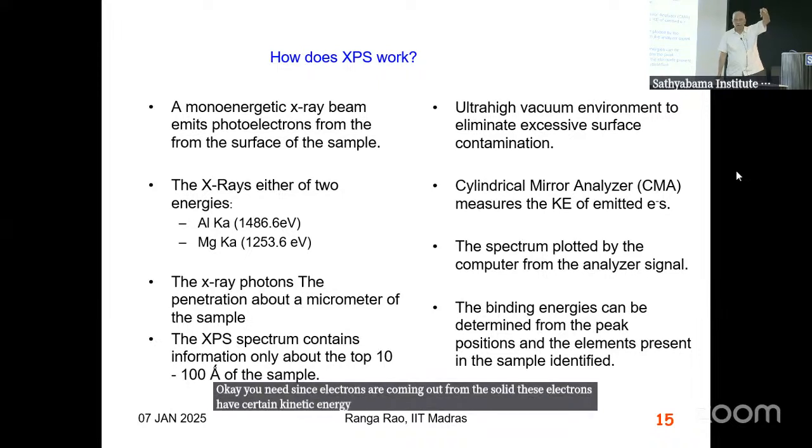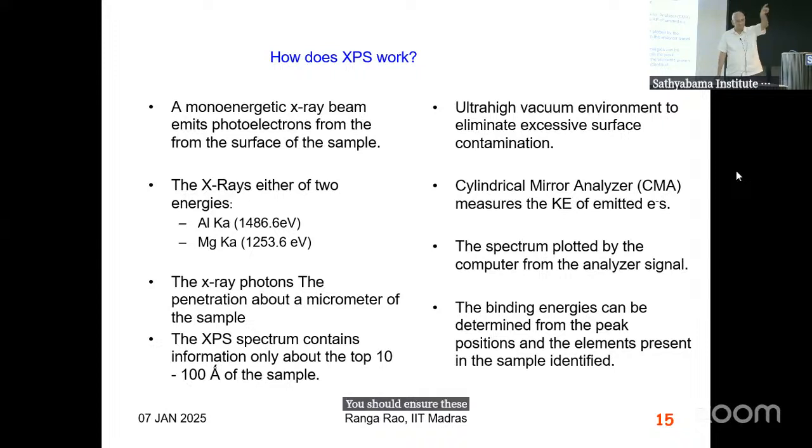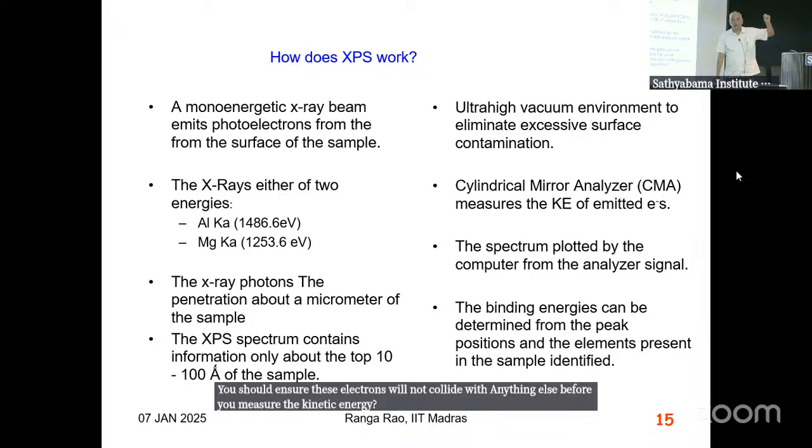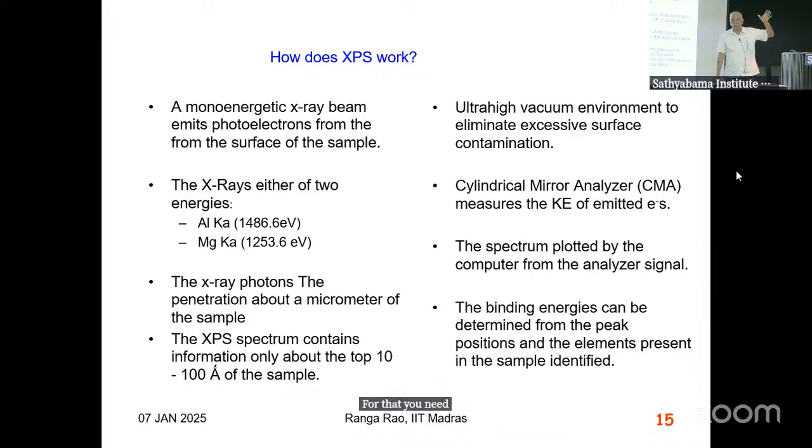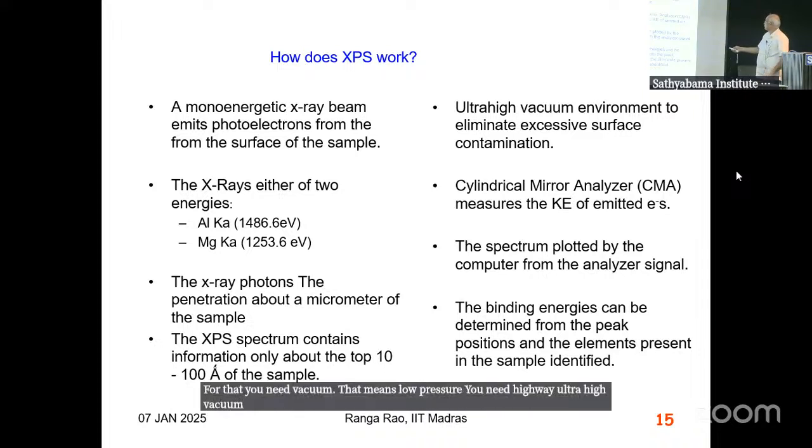If you want to measure this kinetic energy, you should ensure these electrons do not collide with anything else before you measure it. For that, you need vacuum, that means low pressure. You need a high vacuum, ultra high vacuum environment. Contamination is another issue, but even for the measurement you require vacuum.